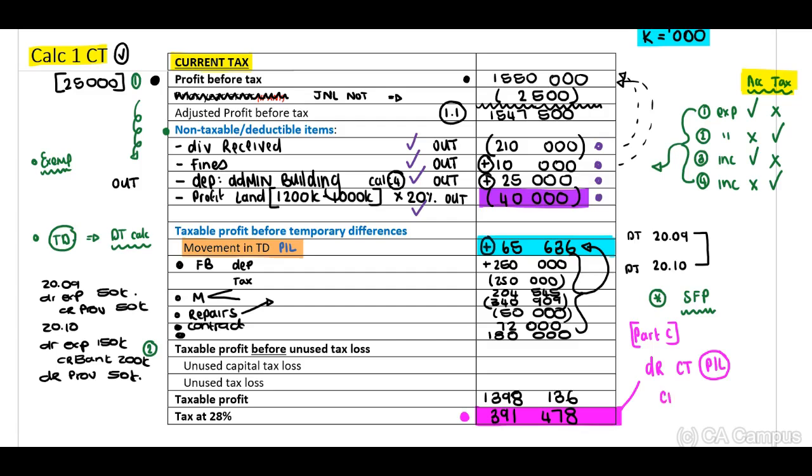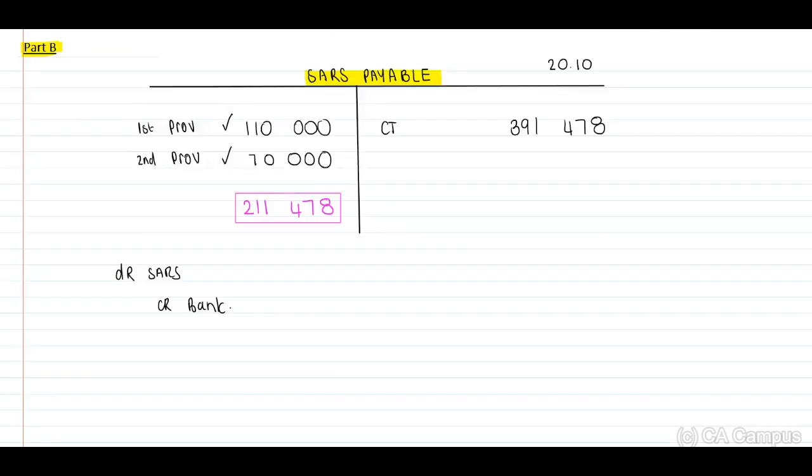And to credit your SARS payable account in your statement of financial position. Therefore, I've transferred this amount to my T account. On the credit side, an increase in the payable, and the balancing figure will be 211,478, and this is my outstanding amount that I need to pay to SARS in terms of the current financial year.